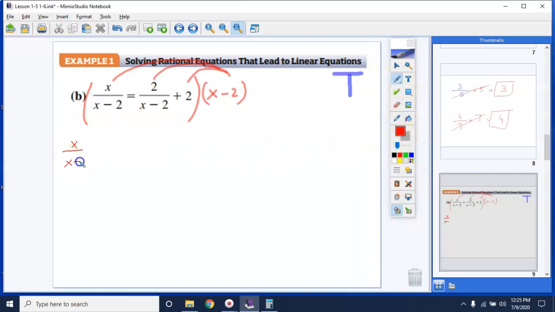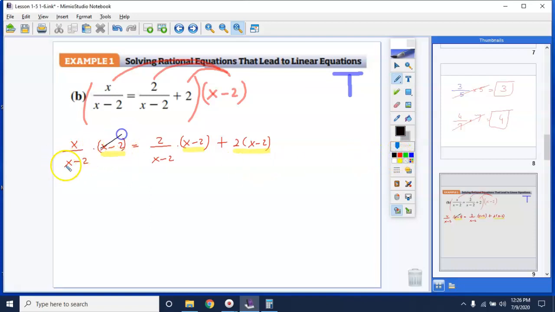x over x minus 2 times x minus 2 equals 2 over x minus 2 times x minus 2, and plus 2 times x minus 2. Now, I want to show you that every single term is multiplied by x minus 2, so something will disappear right now.